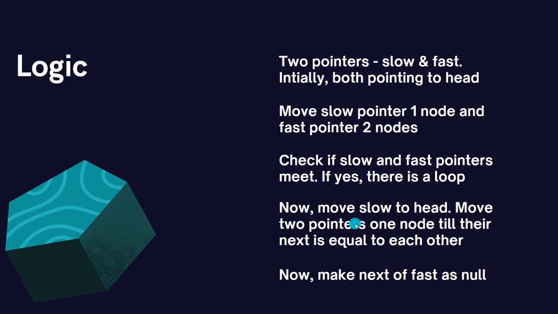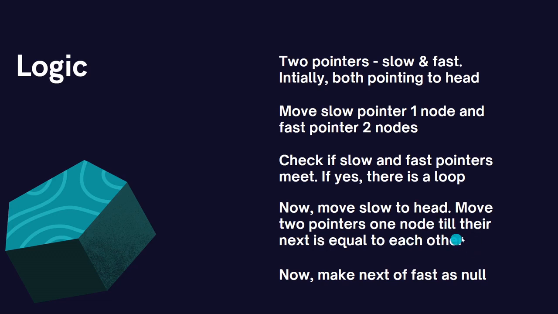So here what we need to do is, when we see that there is a loop, now we have to remove that loop. So what we will do is, after checking there is a loop, we will move our slow pointer back to head, keeping the fast pointer at its own location. Then we will move the two pointers one node at a time. So slow pointer is also moving one node at a time, and the fast pointer is also moving one node at a time till slow.next is equal to fast.next.